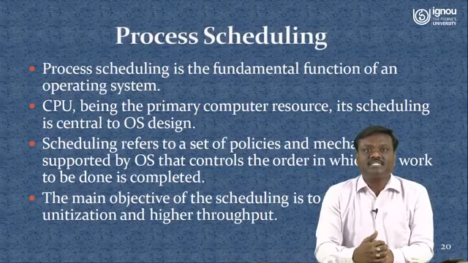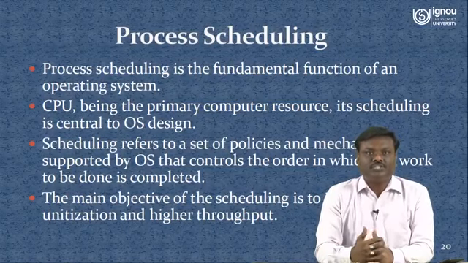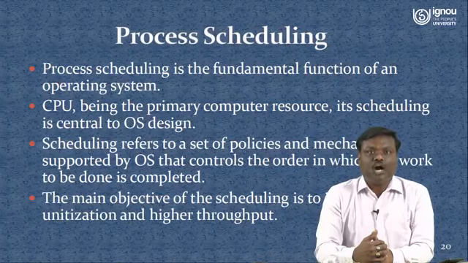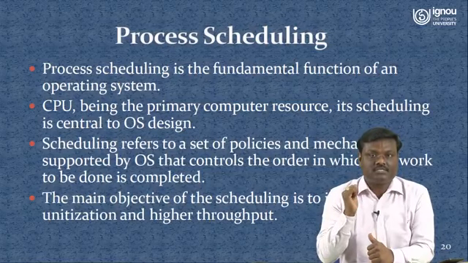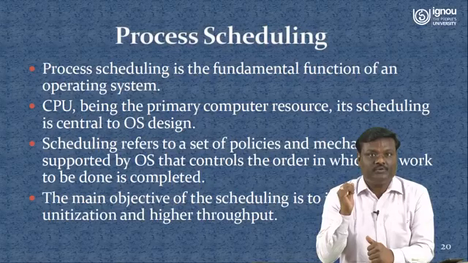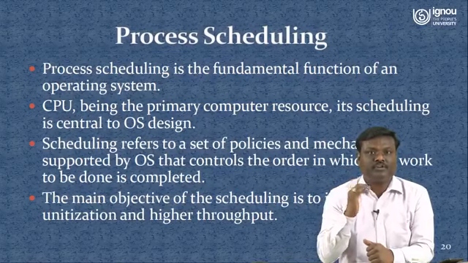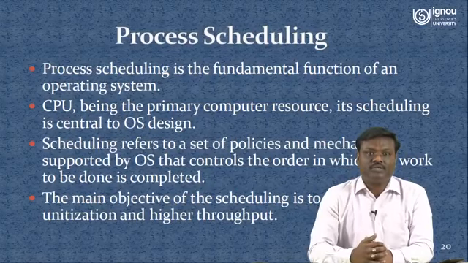Which process needs to be scheduled, which process needs to be terminated, how many processes can be scheduled at the same time, or how many processes can be kept in the RAM at the same time, how the context switch happens, and when to give the process control of the CPU, all this comes into the picture when we talk about process scheduling.